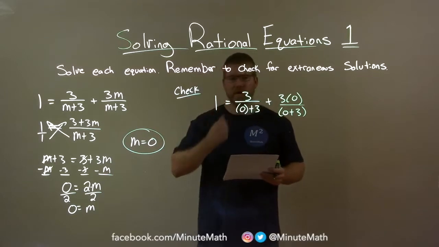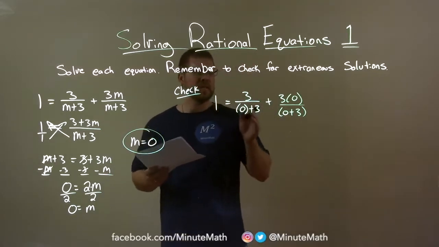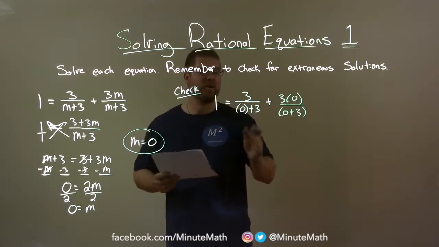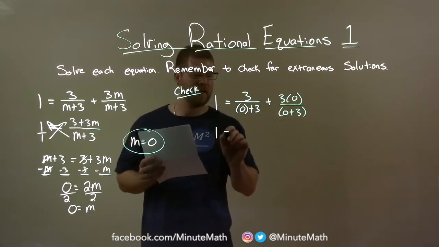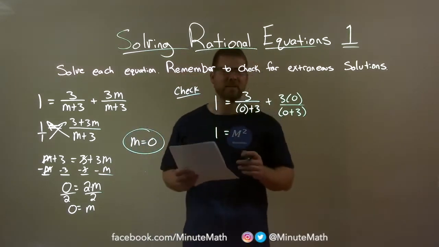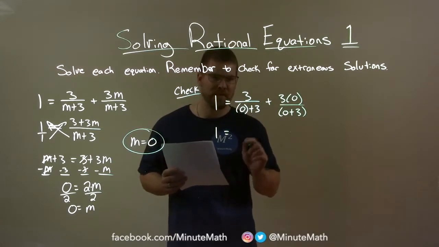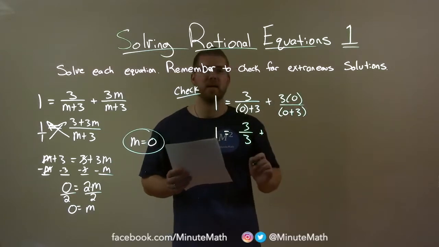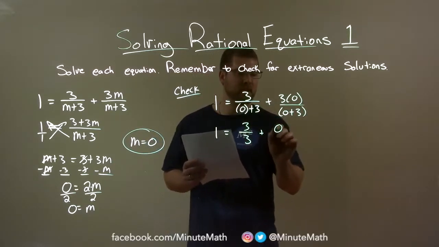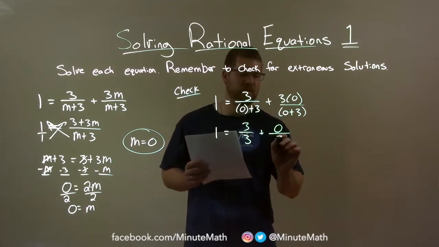Now let's simplify and see if the left and right hand side are equal. If they are, then we're good. 1 stays by itself. 0 plus 3 is 3, so we have 3 over 3 here, plus 3 times 0 is 0, and 0 plus 3 is 3.